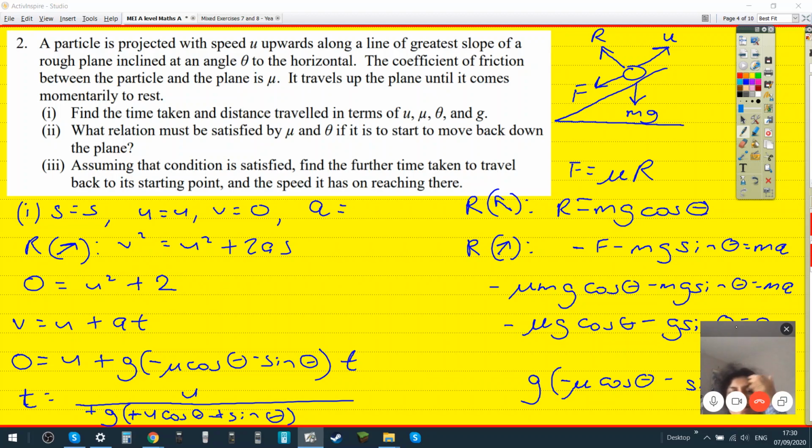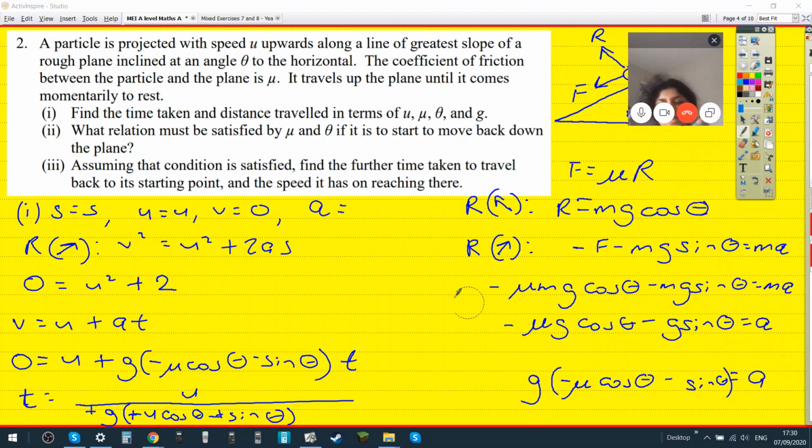Well, we know what a is already. So a is, yeah, and we have to make s the subject, yeah. So that would just be u squared over minus 2a. Let me see. Is it minus u squared? Minus u squared, because you could do minus u squared over 2a, yeah. You could do that as well.